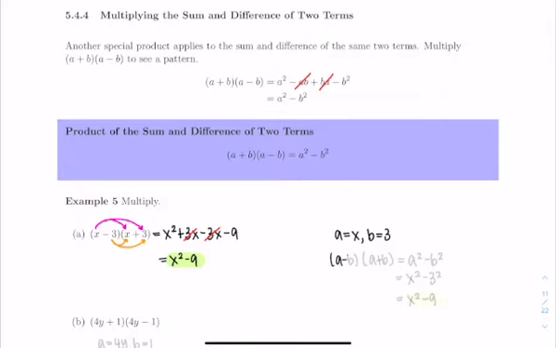And so a minus b times a plus b gives me a squared minus b squared. But that's x squared minus 3 squared, or x squared minus 9. So same thing.